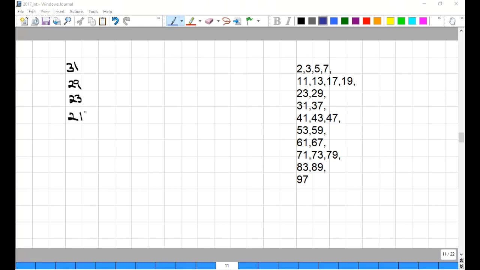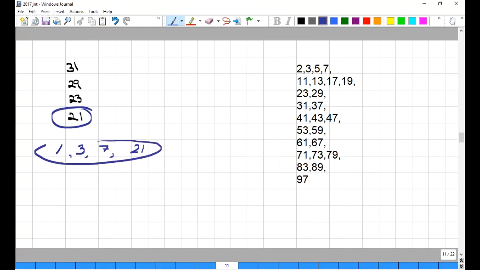Tally, which one is not a prime number? Sir, 21. What are the factors of 21? Sir, 3, 1 and 21. Yes, sir, 3. And what? 7. Okay.